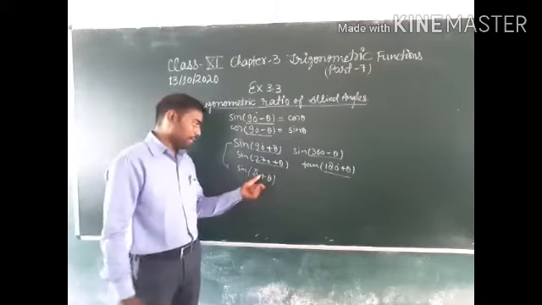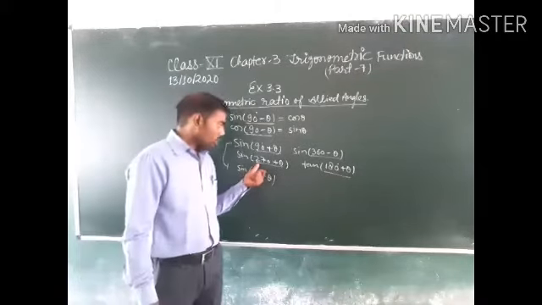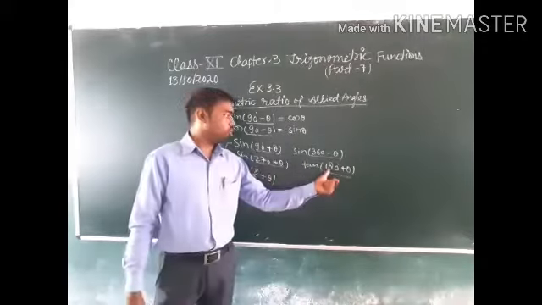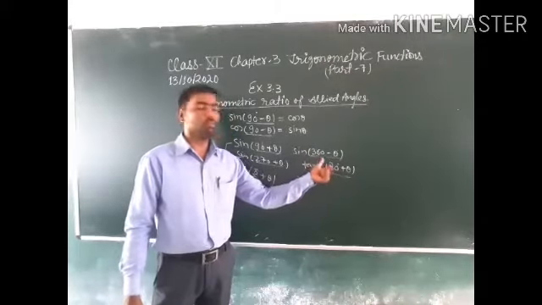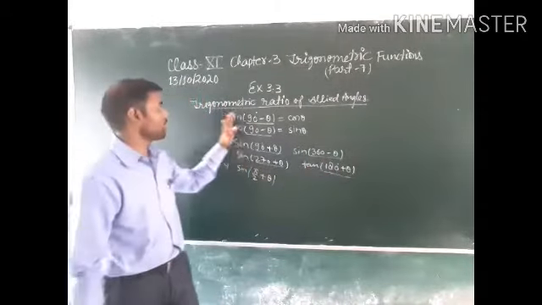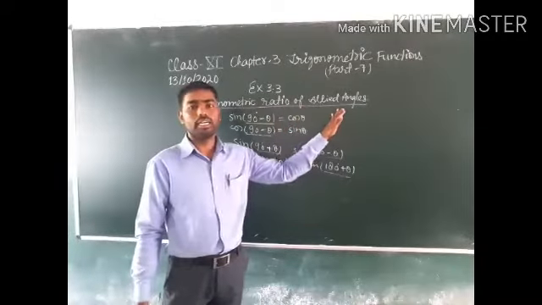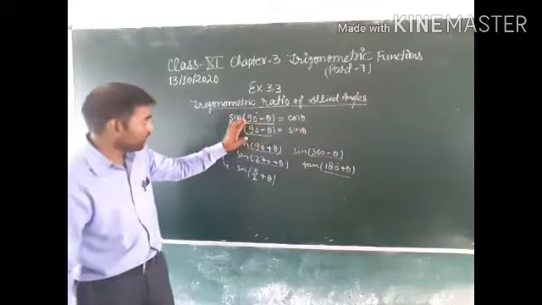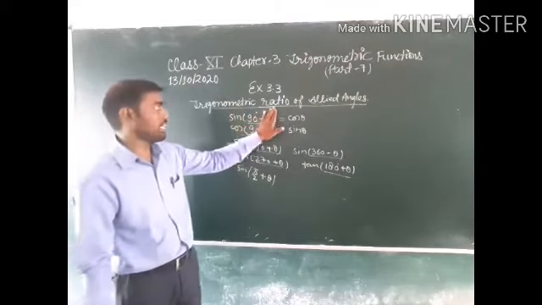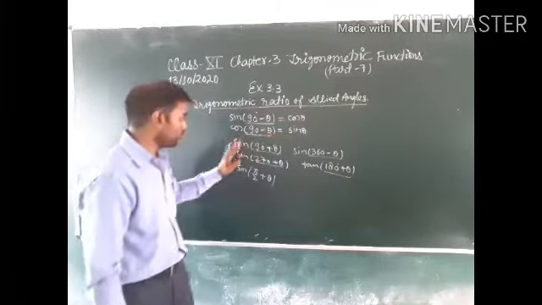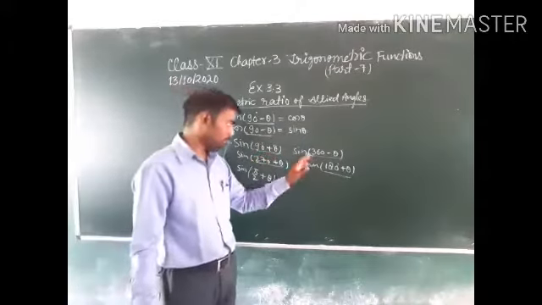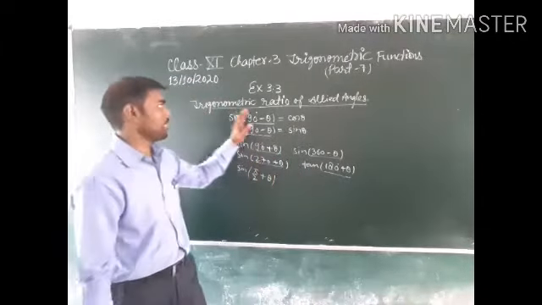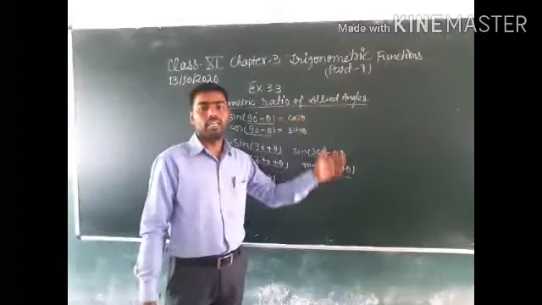When we write pi by 2 plus theta, 3 pi by 2 plus theta, pi plus theta, 2 pi plus theta, it means trigonometric functions of allied angle. Where we take degrees, we write ratio, and where we take pi by 2, pi, 3 pi, we write trigonometric functions of allied angle.